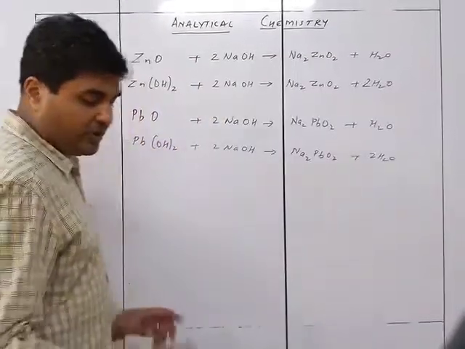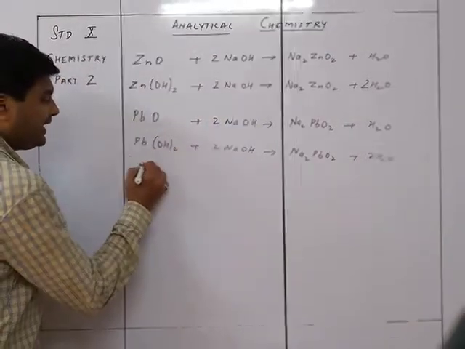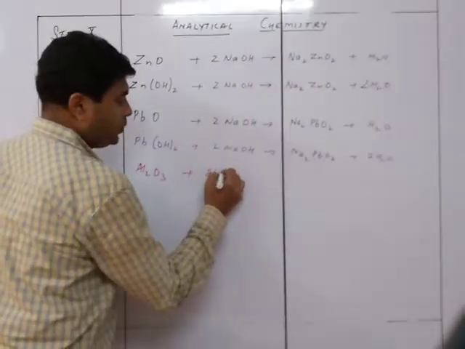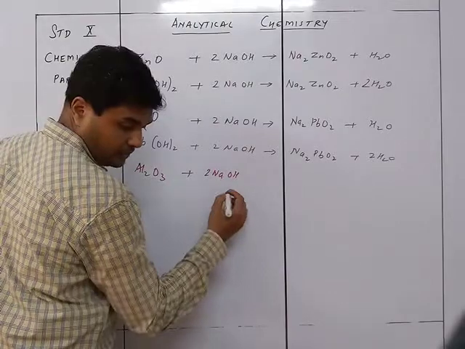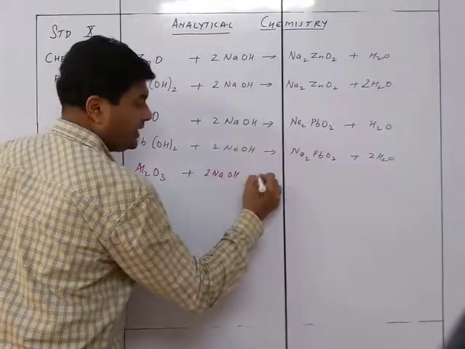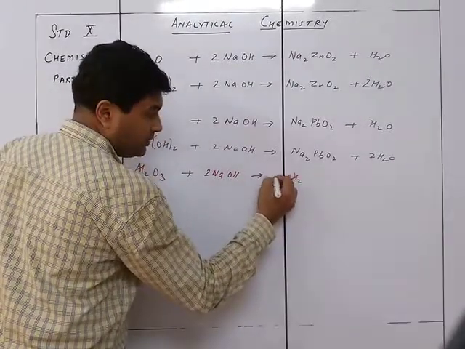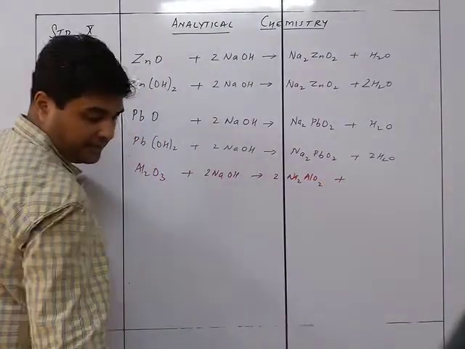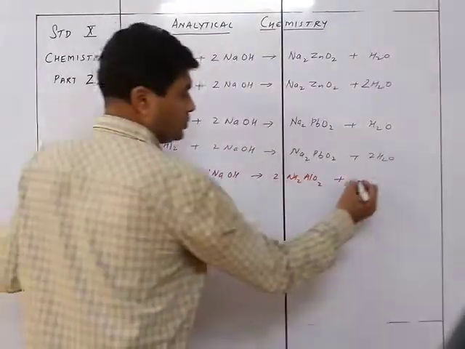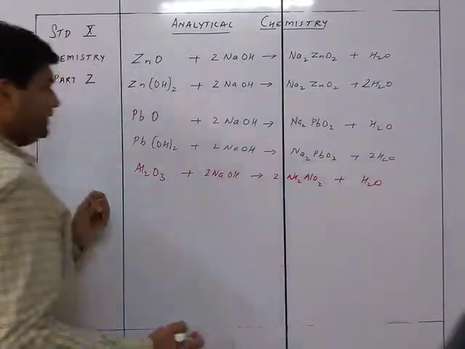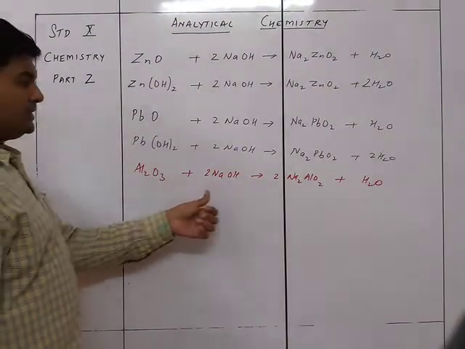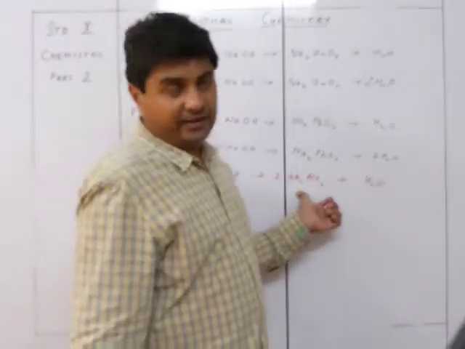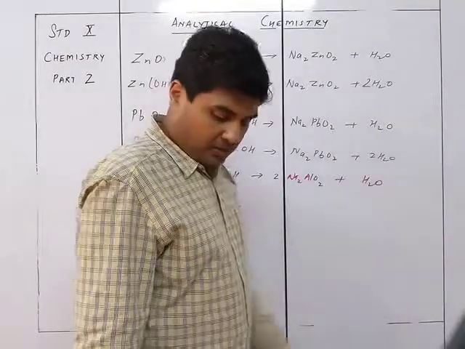Now we see the same reaction using aluminium. In the case of aluminium, the first thing is Al2O3 plus 2NaOH, which gives 2NaAlO2 plus H2O. So aluminium oxide with sodium hydroxide gives me sodium aluminate plus water.